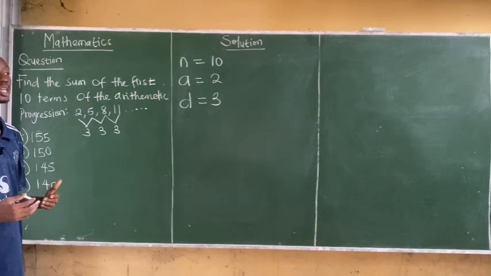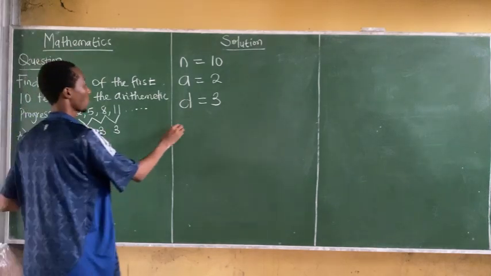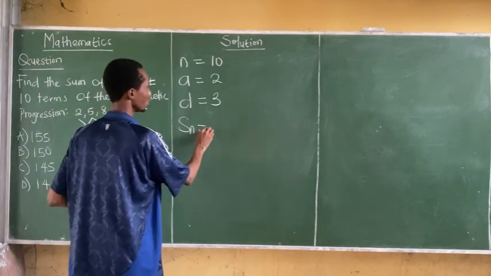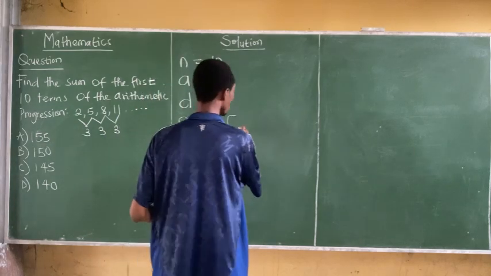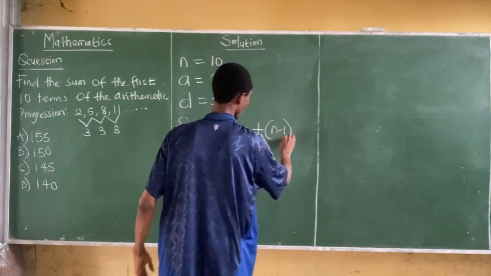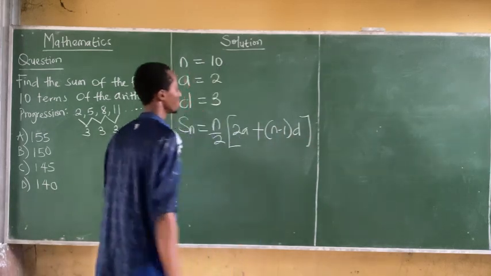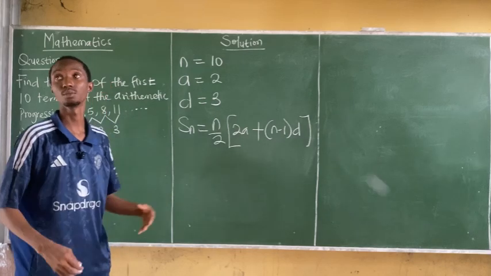Now I've gotten this. To get the sum of terms in an arithmetic progression, we go with this formula. Sn is equal to n over 2 into 2a plus n minus 1 d. This is the formula for the sum of terms in an arithmetic progression.